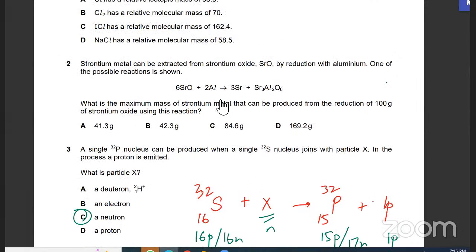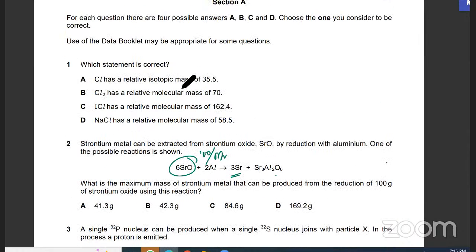What is the maximum mass of strontium metal that can be produced from the reduction of 100 grams of this? It's simple moles. Just find the moles, and you can figure out the moles of strontium using that. Can you quickly do this? Last, we'll try doing this one. How many moles of strontium oxide do you have in 100 grams of this?